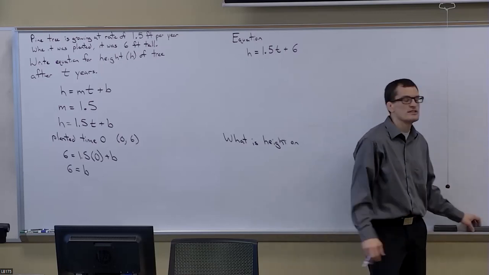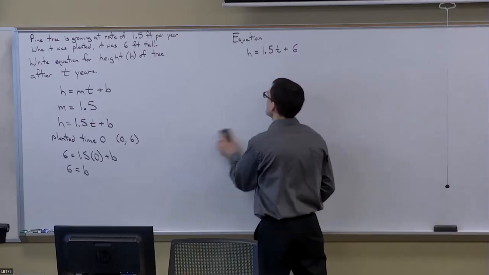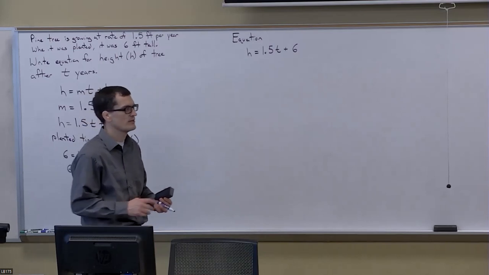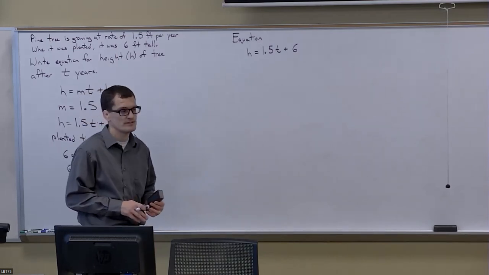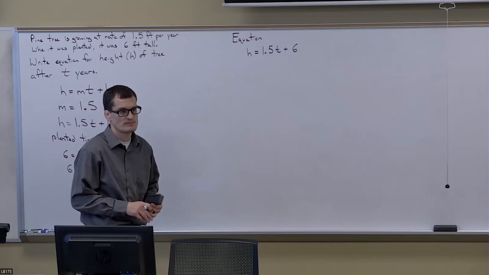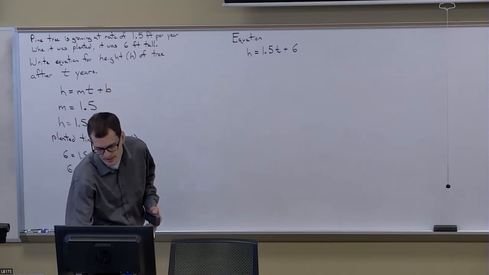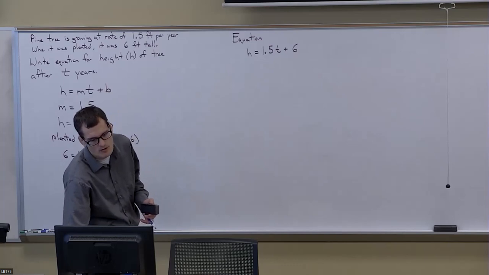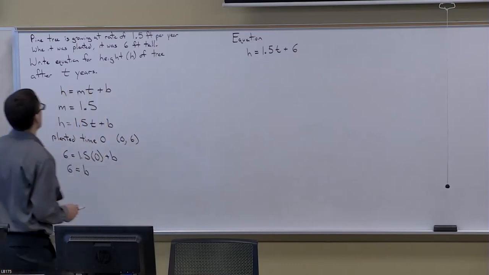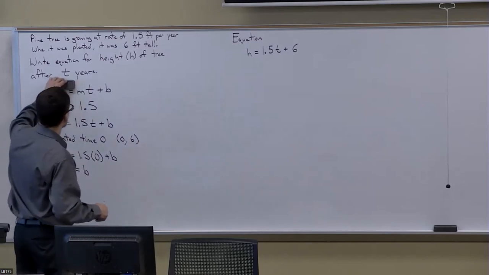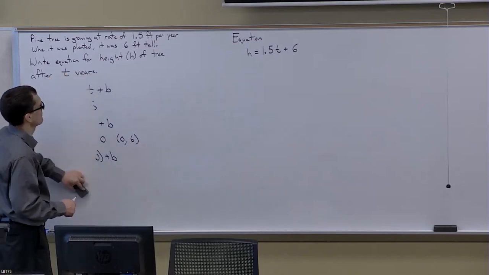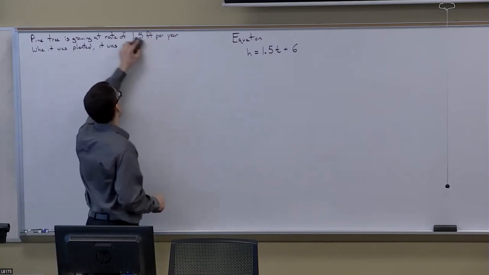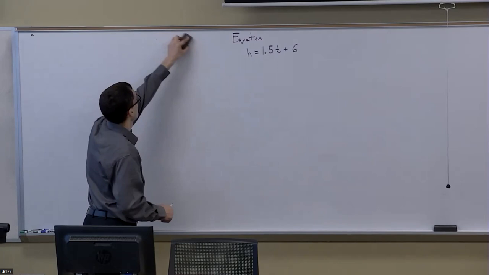So finding these equations has some really nice applications, right? Whether we're given 2 points in a word problem, or whether we're given, like this one, just the slope and we recognize the slope.